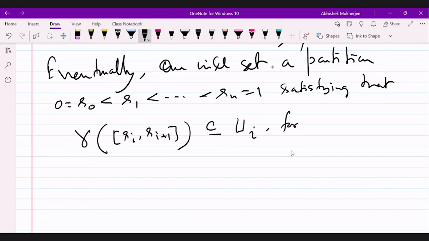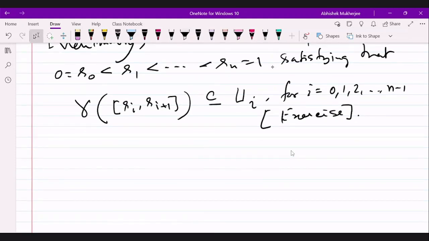And this is true for each i running over 0, 1, 2, up to n minus 1. This can be given as an exercise also. Just using the property of Lebesgue number and the compact space, you can always get this.